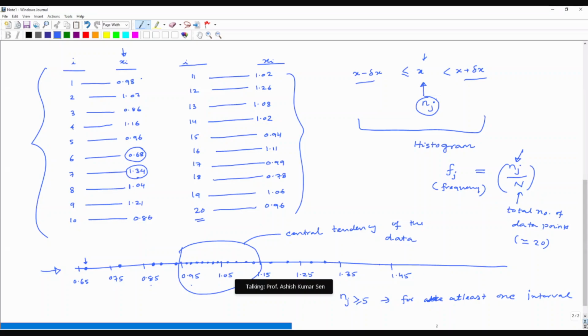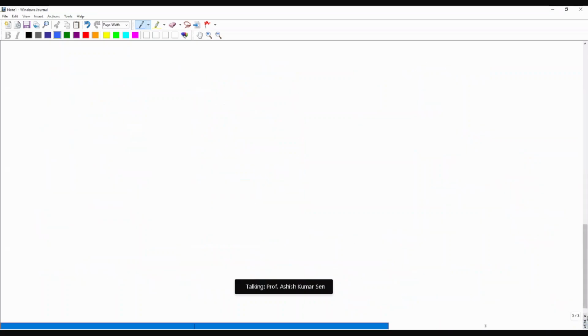Let me go to the next slide. I put j to indicate the interval number, and I write the interval here.